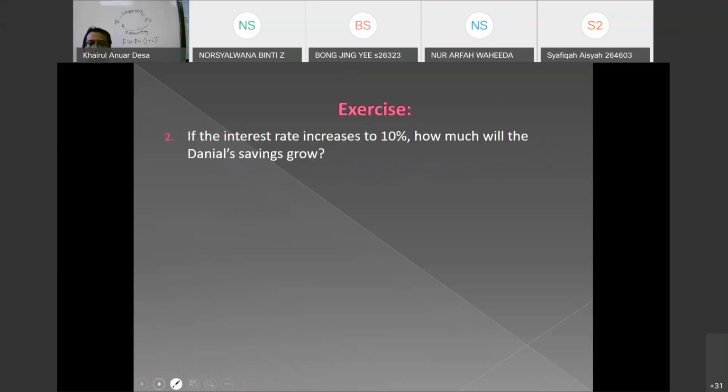Now we go for the next one. If the interest rate increases from 8% to 10%, how much will the Dana saving grow? Okay, tadi 8%. Normally we use 2 decimal points, Susan.